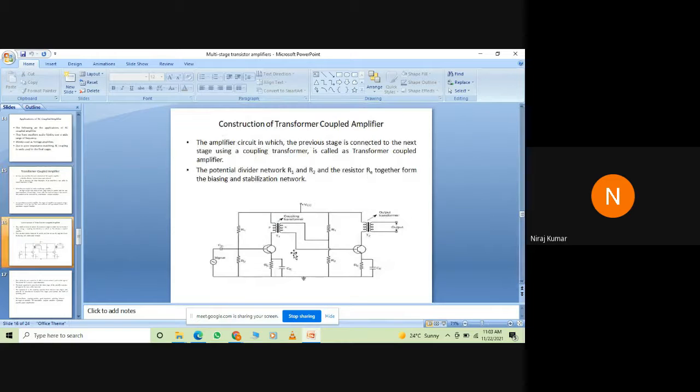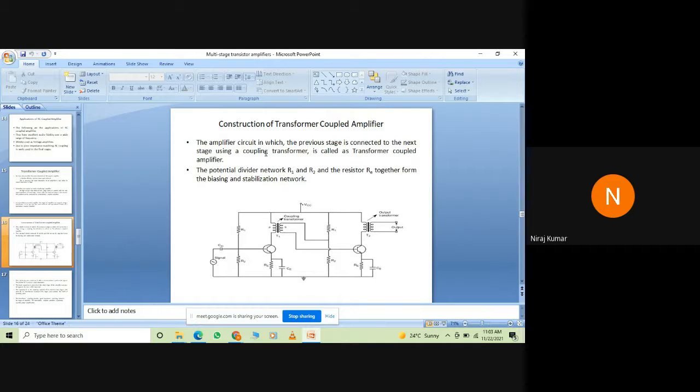Here we can see the transformer coupled amplifier's construction. The first stage is a common emitter, and the second stage is also a common emitter. The output stage uses transformer coupling, and by this coupling we can connect the second stage of the amplifier section.